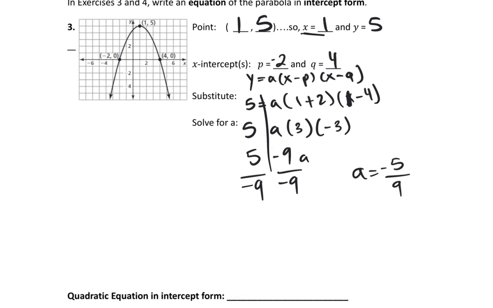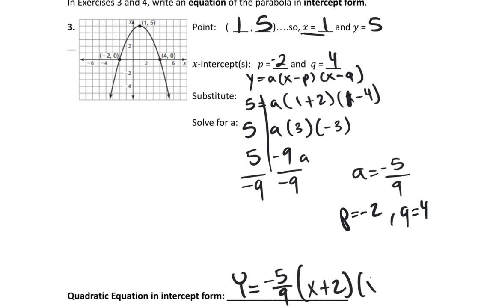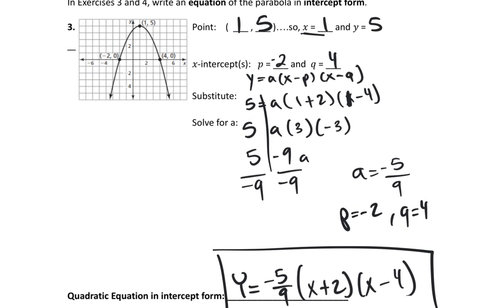So I'm going to plug in a, p, and q to my formula. y equals a, x minus p, x minus q. Again, when you subtract a negative, make it a positive. So that's my answer to that one.